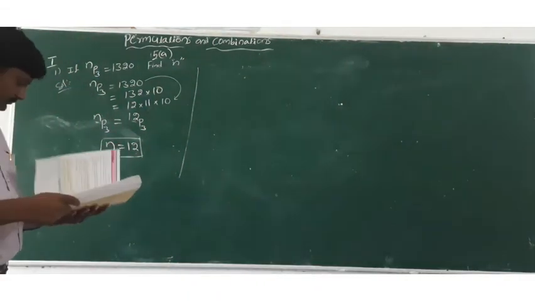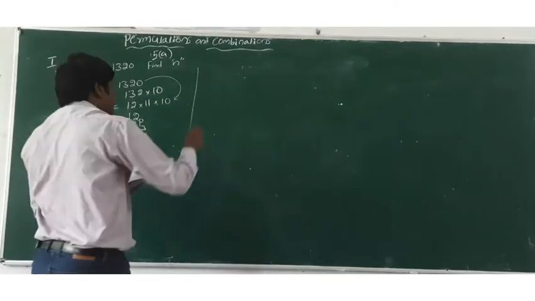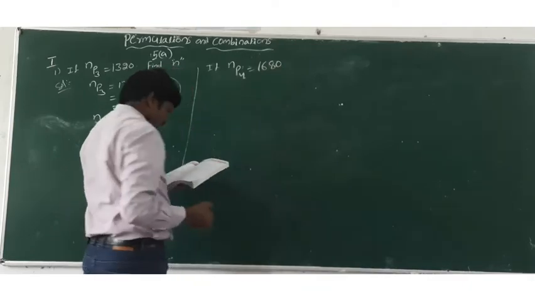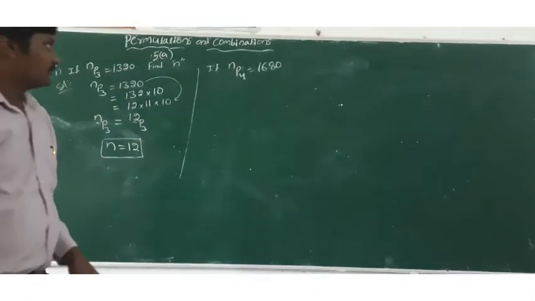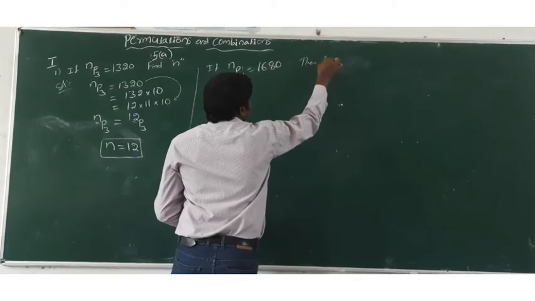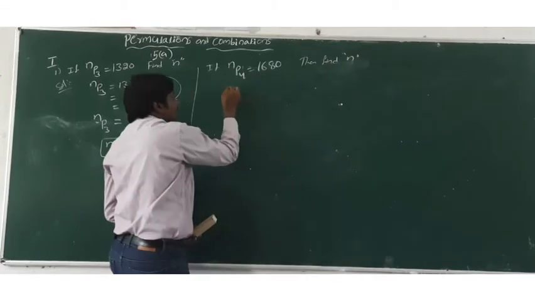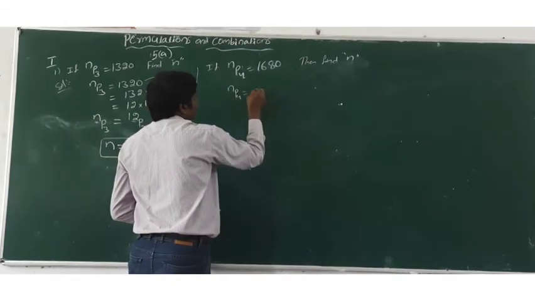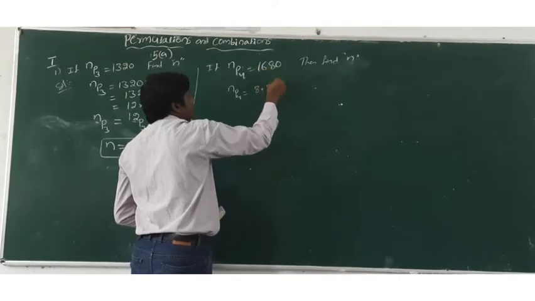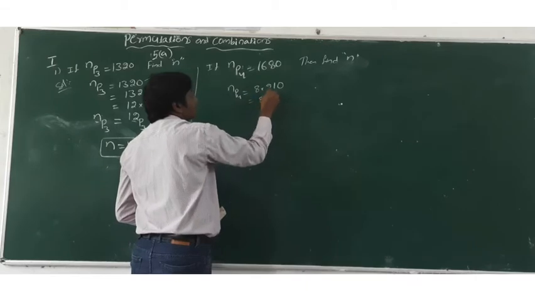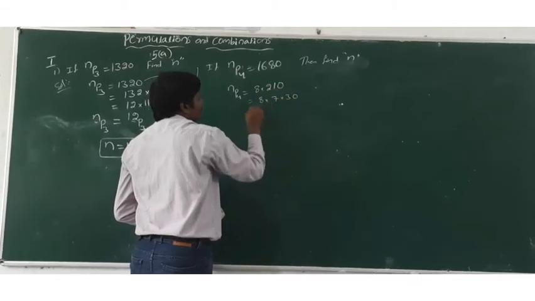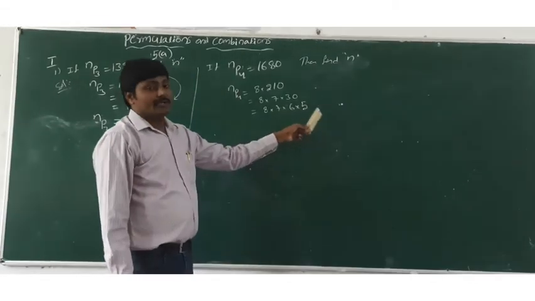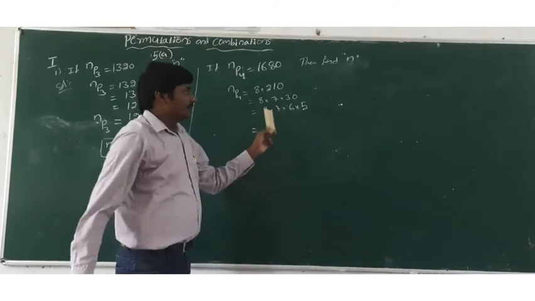Okay, second problem. If nP4 is equal to 1680, then find the value of n. 1680 can be written as 8 into 7 into 6 into 5. These are the consecutive terms, starting with 8, and we have 4 consecutive terms.